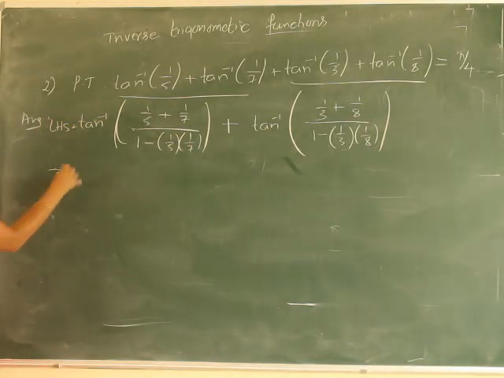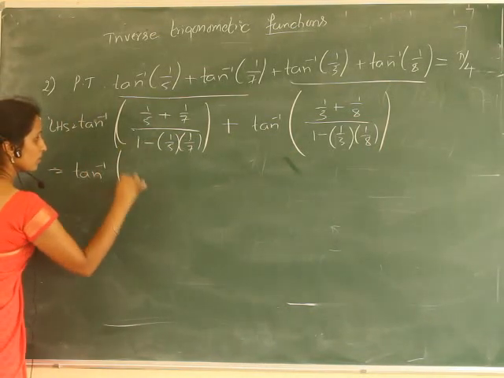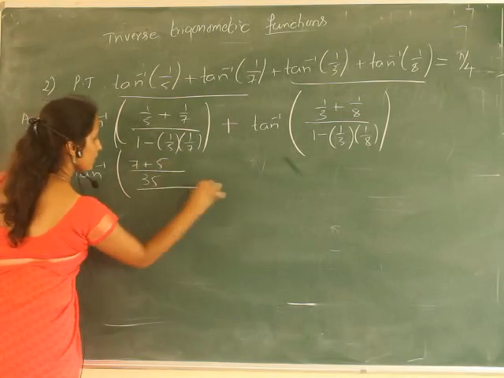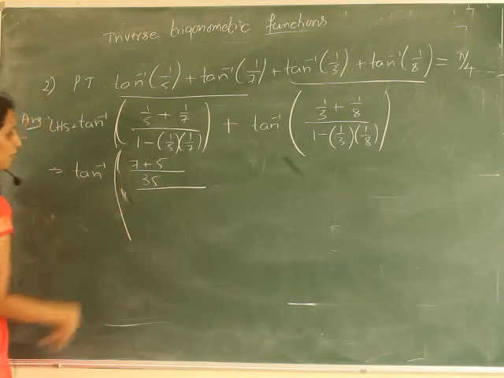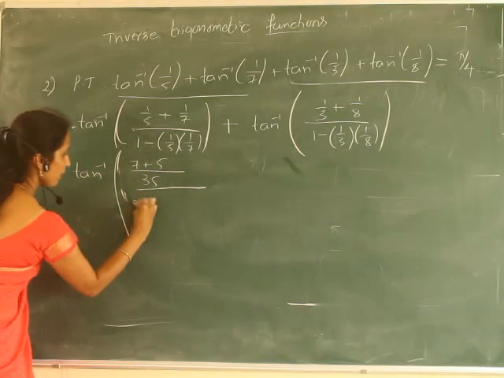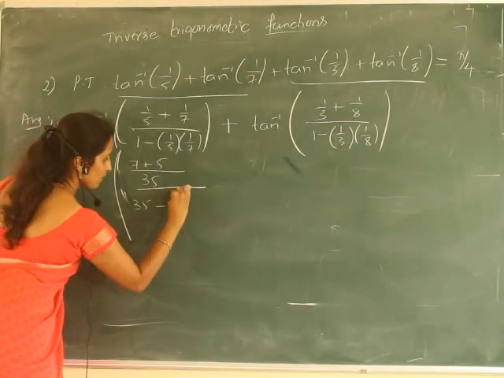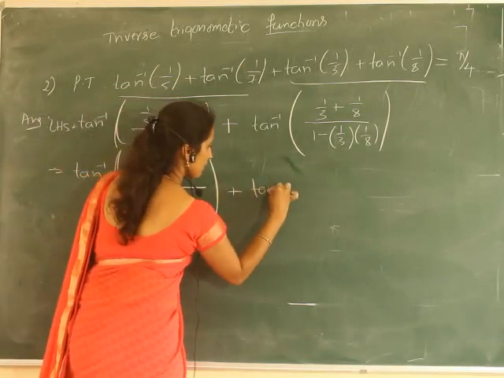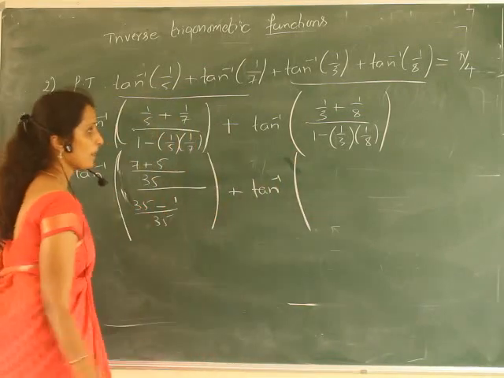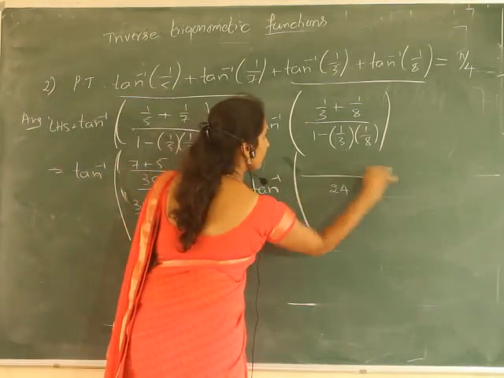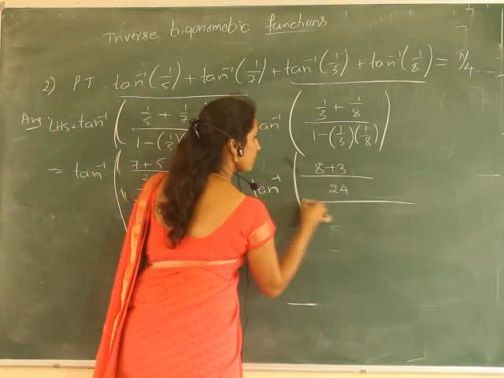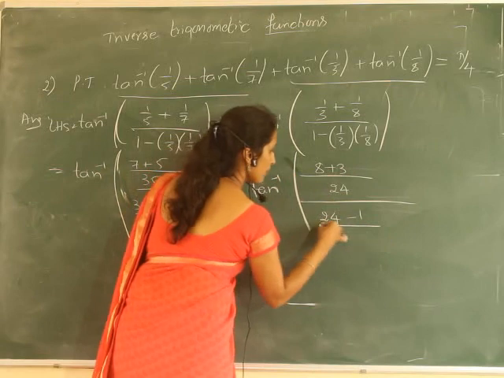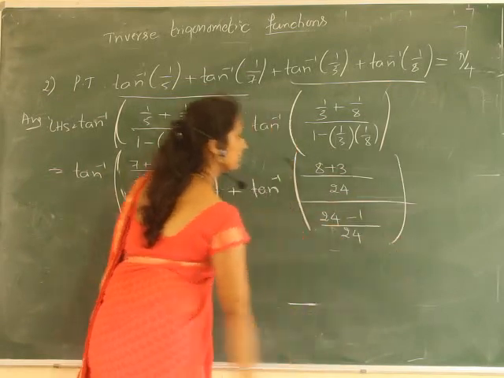So next, tan inverse of, the LCM is 35, so (7 plus 5) whole divided by (35 minus 1) divided by 35, plus tan inverse of, 24 is the LCM, then (8 plus 3) whole divided by (24 minus 1) divided by 24.